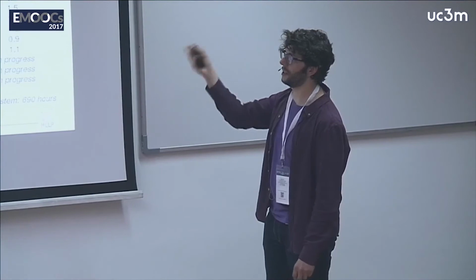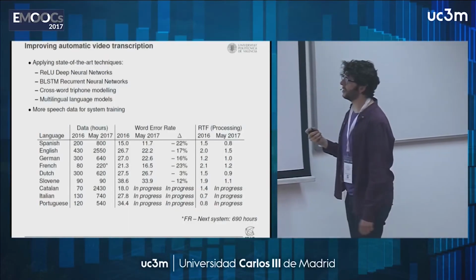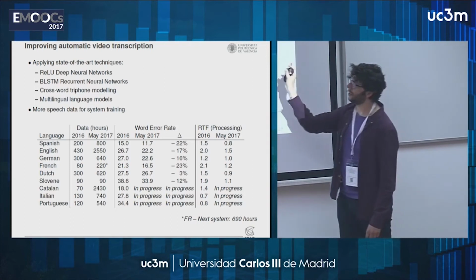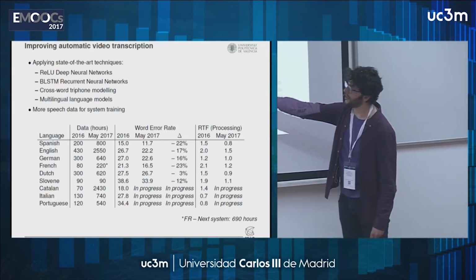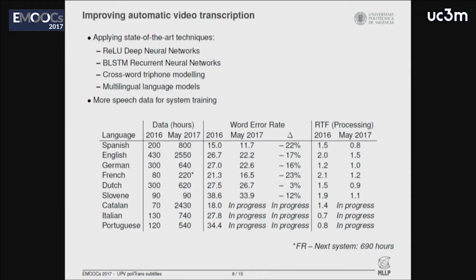And the other part we're working on is gathering more and more speech data with which to train our systems so that they work better and better. And in this table we can see at the very left that German has been added here. It was not in the EMMA project, but we've got it now. And here we see how we are gathering more and more data.